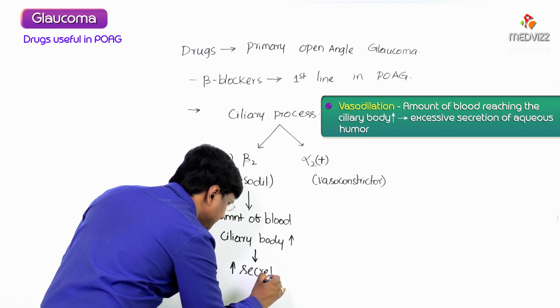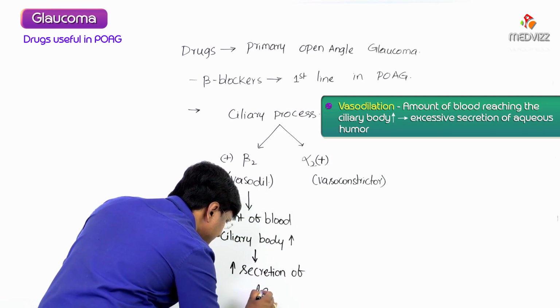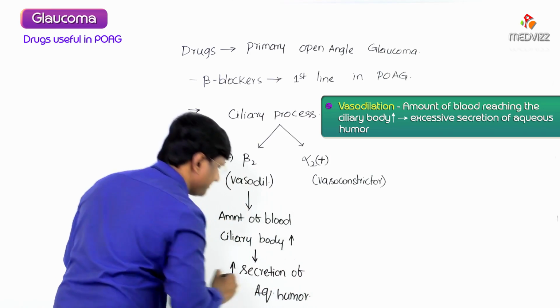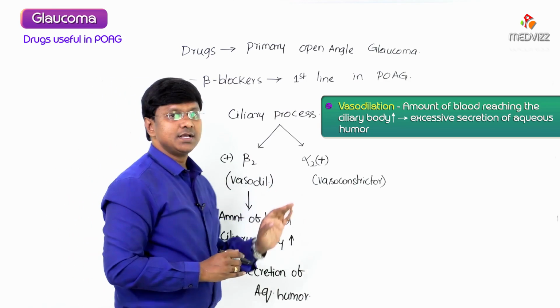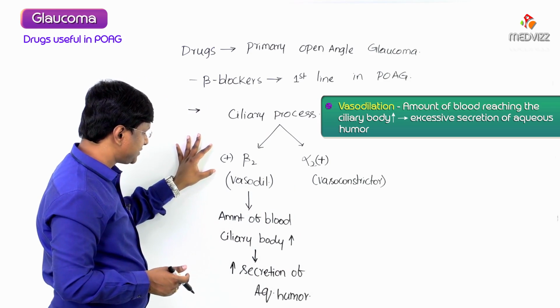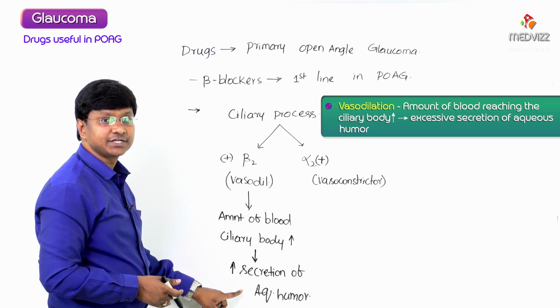Now you see here, that means when the beta 2 receptors are stimulated, there is more and more aqueous humor production.